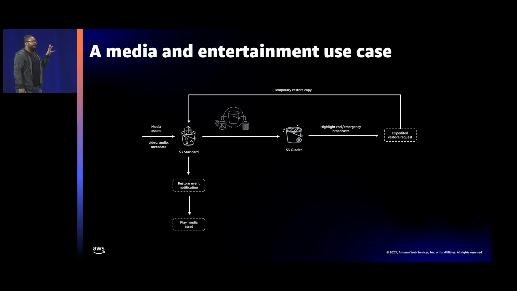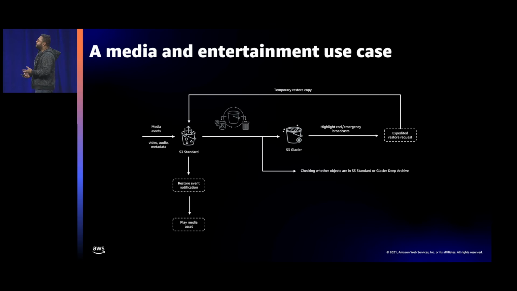Now, this is great, and this works well, but customers with several thousands or millions of archives with lifecycle policies often don't know whether their objects are in an archival storage class like Glacier Flexible or Glacier Deep Archive, or whether they're in S3 Standard, where they don't need to issue a restore at all.